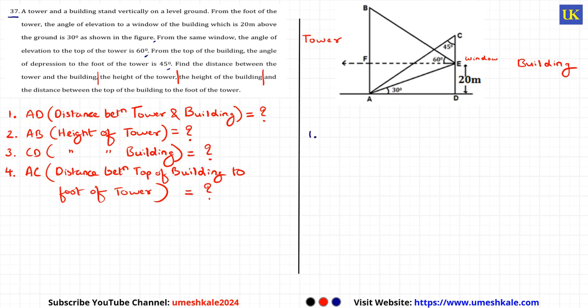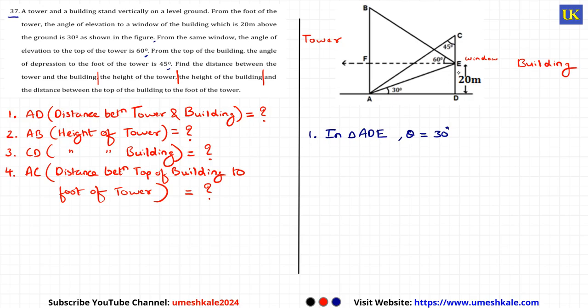So for the first question, what we'll do is we'll consider triangle ADE. This triangle we'll take. And here the theta is 30 degrees. It is given in the question, right?